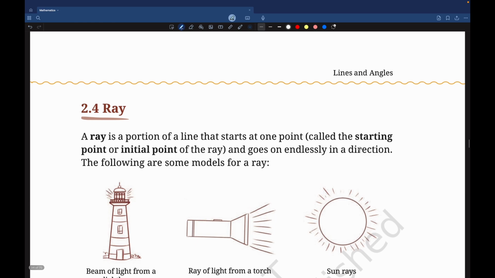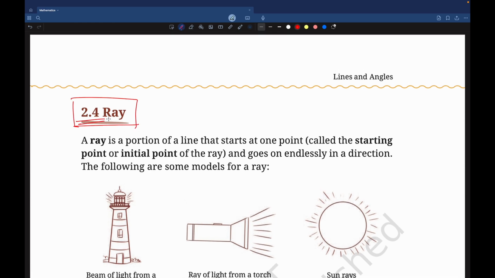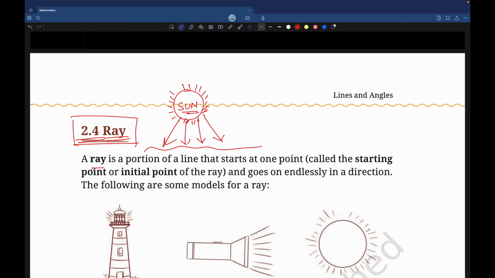Now let's discuss the next topic. Topic number 2.4, ray. We say that sun rays are falling on earth. This is sun and this is earth. Sun rays are falling on earth. What is ray? Ray is a portion of line that starts from one point.